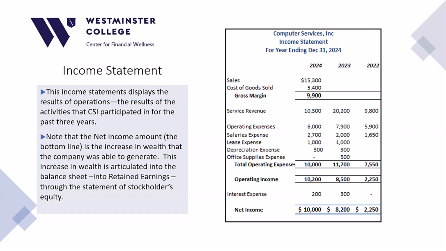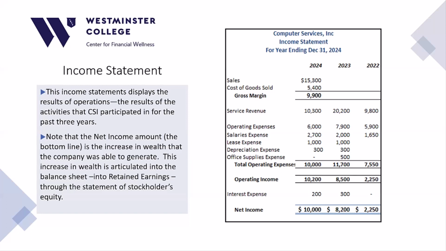All right, so here's CSI's 3-year income statement. This financial statement has the main income statement elements, revenues and expenses. And we remember that revenue minus expenses equals our net income.